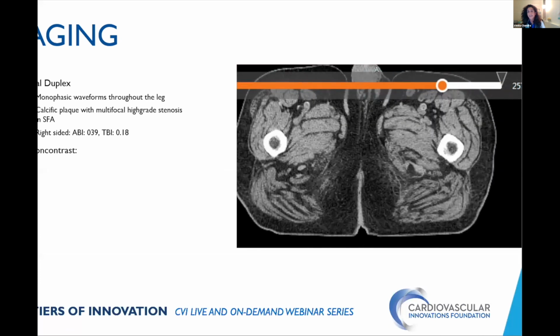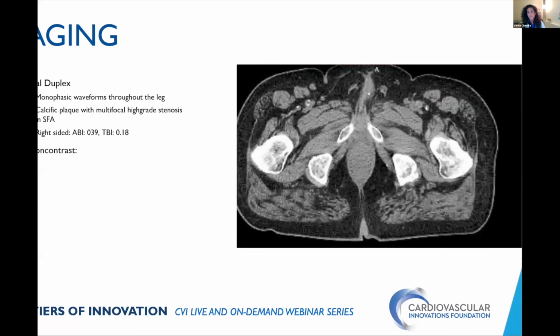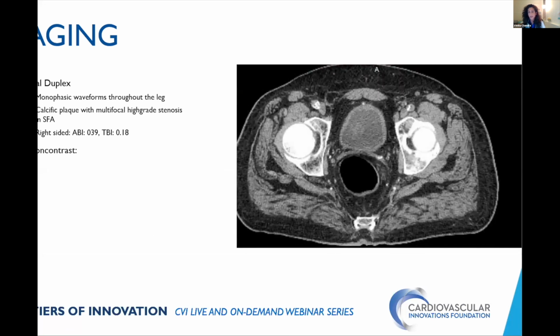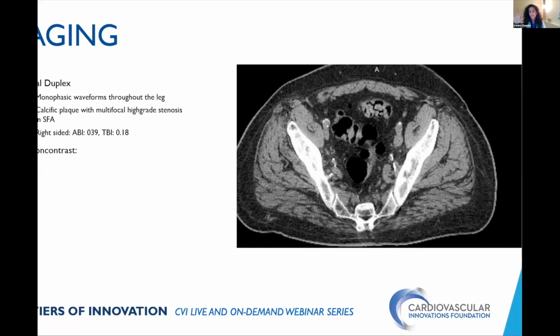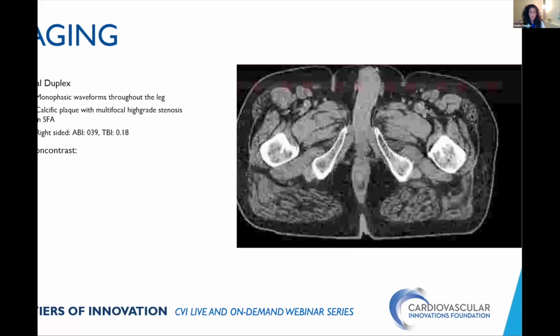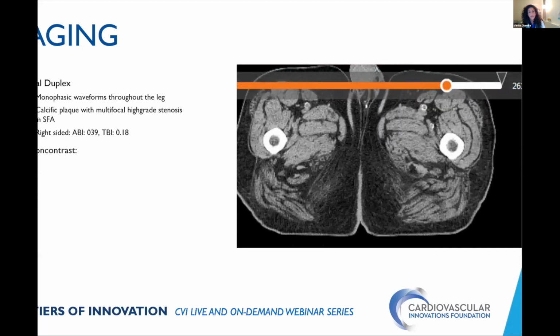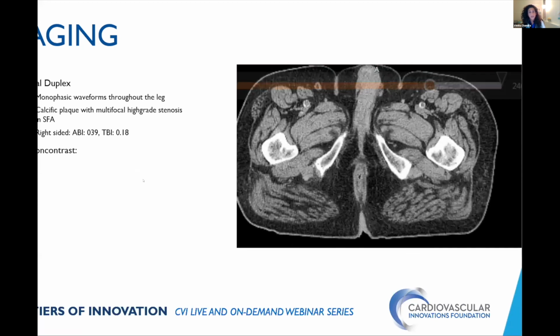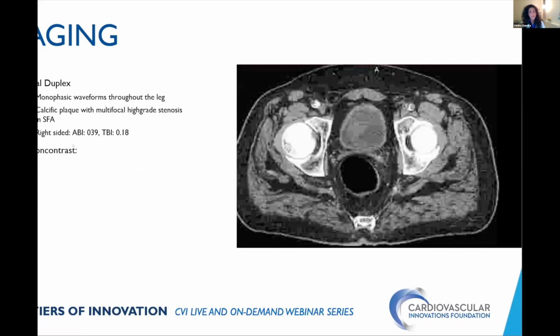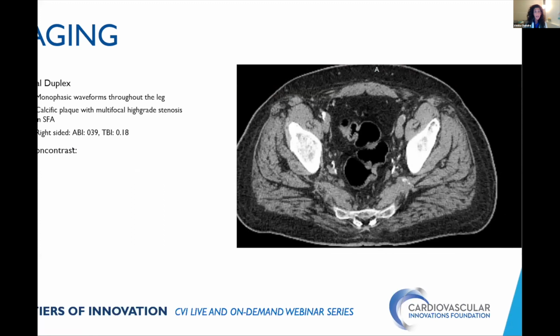You can see the glowing vessels because of the significant amount of calcium burden, and a big chunk within the common femoral. This calcification really extended all the way down to his toes. Not surprisingly, he had monophasic waveforms throughout his leg with significant calcified plaque and multifocal high-grade stenoses, and an ABI of 0.39 and a TBI of 0.18.